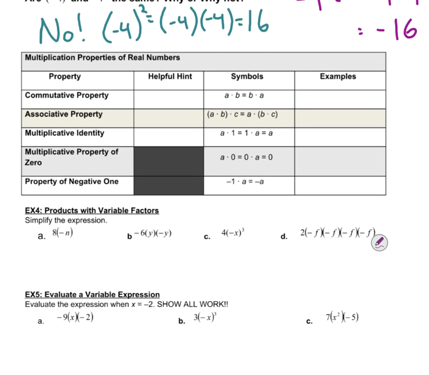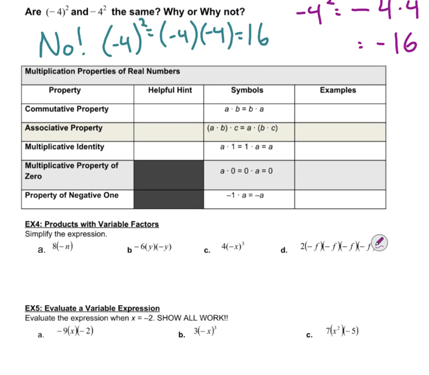Just like we had properties of real numbers for addition, we also have them for multiplication. And most of them actually have the same name because they look very similar to what we saw before. So the commutative property is seen as A times B is equal to B times A. Once again, as a helpful hint, I think of commutative, I think of a commute, going to school and from school.